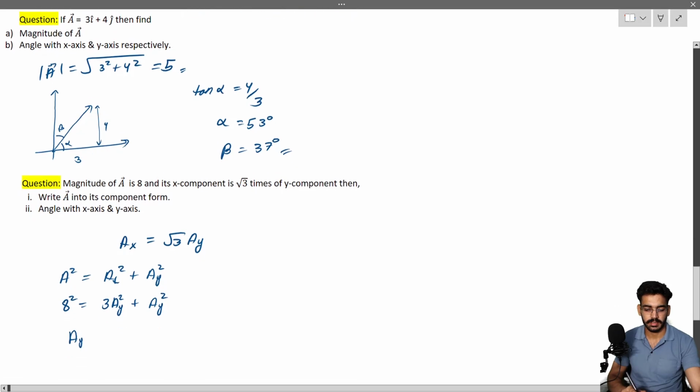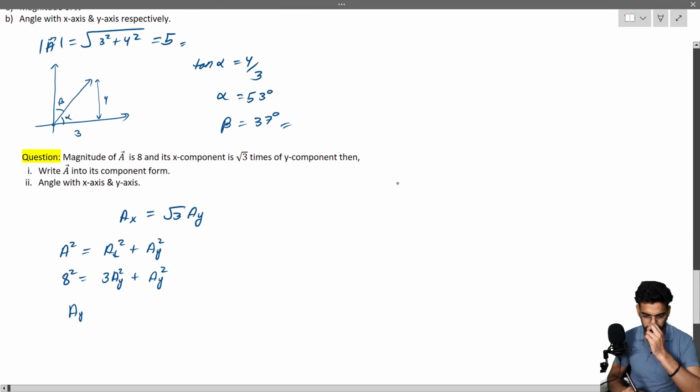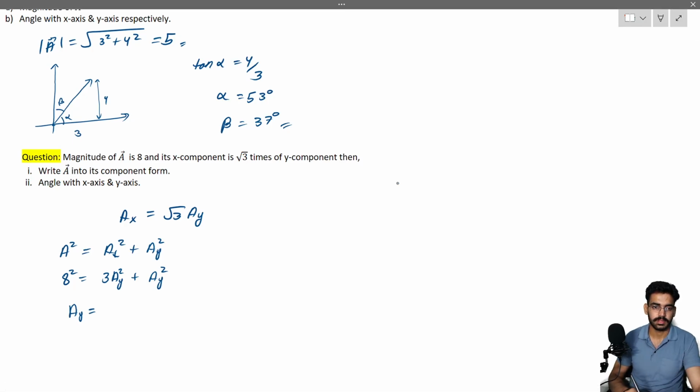So from here I can say ay square equals 64 by 4, and then you take under root, so basically 8 to 4, okay, it's going to come 4. And ax is equal to root 3 times 4, 4 root 3, right? That's how, okay.